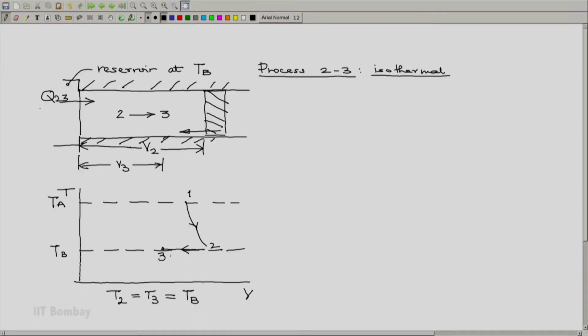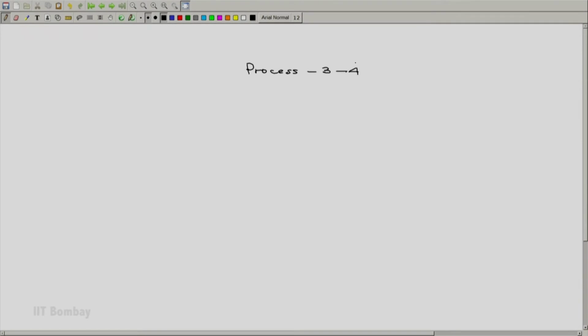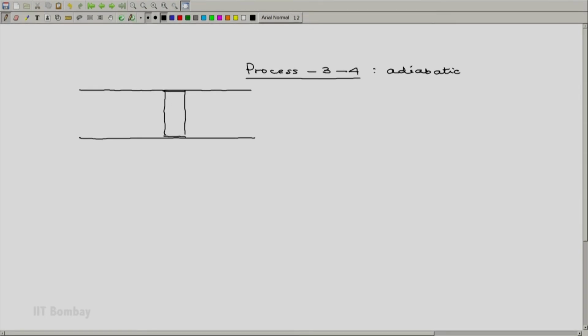Okay. So, 2 of the 4 processes have now been explained. Let us now go to the third process. We are now going to look at process 3-4, which again is going to be an adiabatic process. Let me sketch first the cylinder piston.